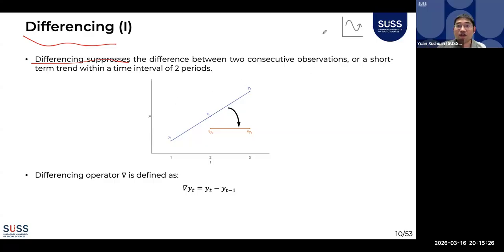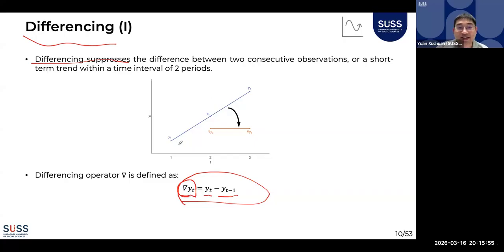So what we can do, besides those methods in seminar 3, is use the difference method. The difference method is quite straightforward, right? Here, for example, we use yt minus yt-1. So this is the difference between adjacent periods, right? This nabla yt, okay?